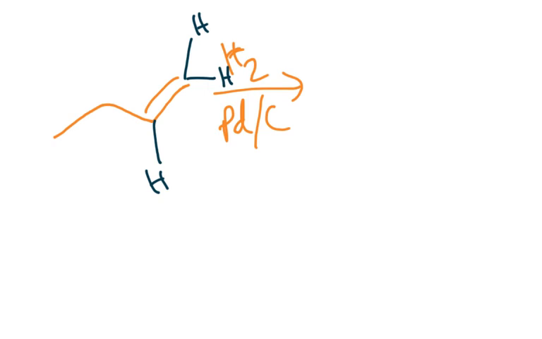Okay, so that means that if you put 1 hydrogen over here and 1 hydrogen over here, you can't, because if we didn't remove the double bond, then it would be like this.